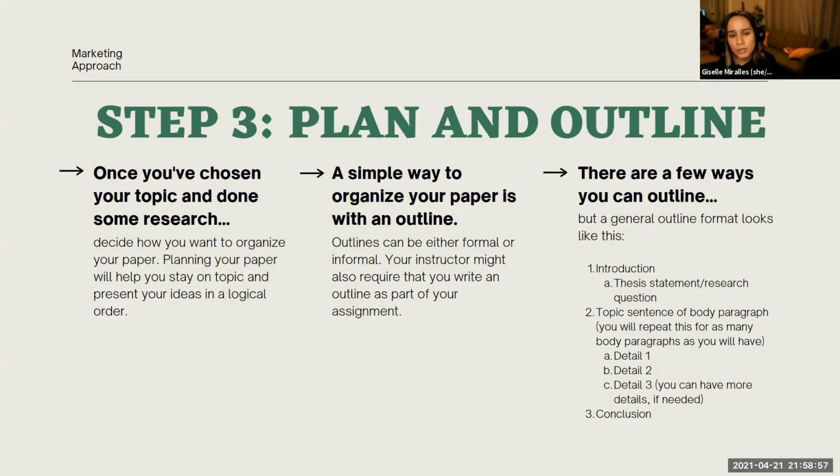Again, you might have already had to turn one in as part of your assignment, but you can also just have an informal outline. So if you don't want to do an outline with this exact format, as long as you write down something that helps you guide your thinking, it will be much easier when you go to write your essay.